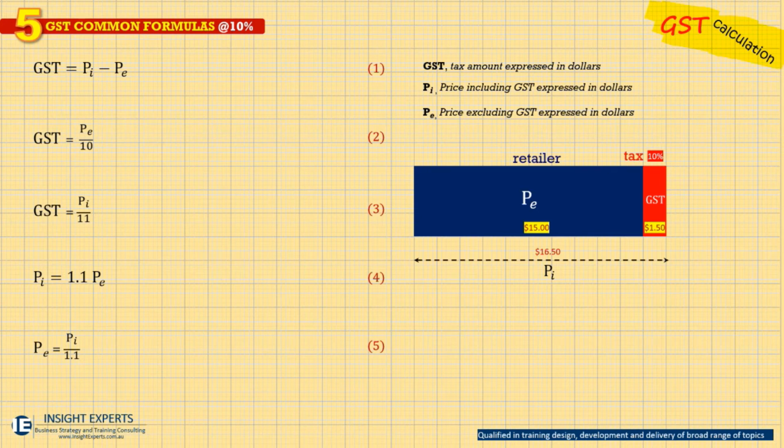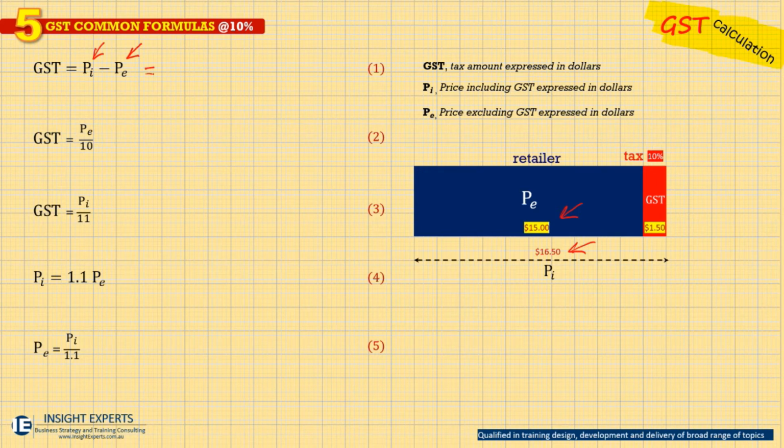Equation 1 states that the GST can be calculated by subtracting the price excluding GST from the price including GST. In this example, the price including GST is $16.50 and the price excluding GST is $15. So let's do the calculation as per formula number 1.